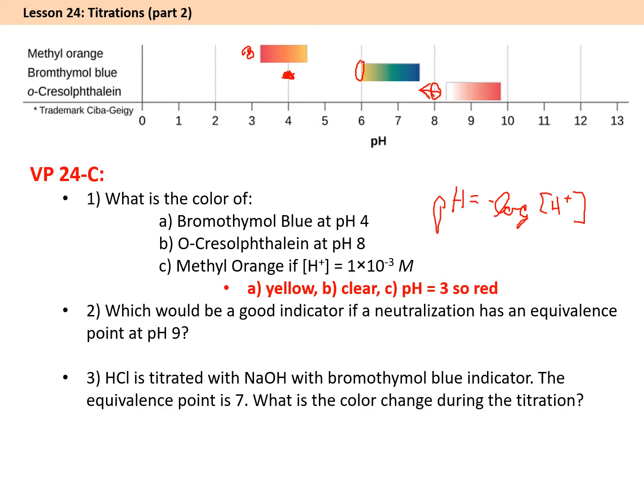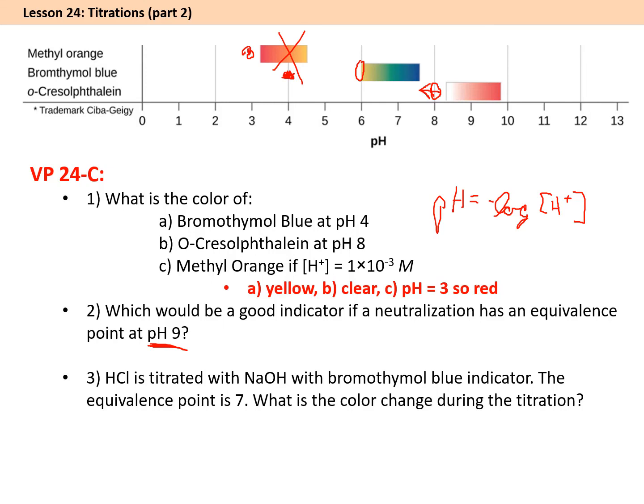All right, problem number 2, which would be a good indicator if a neutralization has an equivalence point at pH 9. Okay, so I want to have something that is going to change colors around 9. Methyl orange would be bad because around 9 it's going to be yellow the entire time.